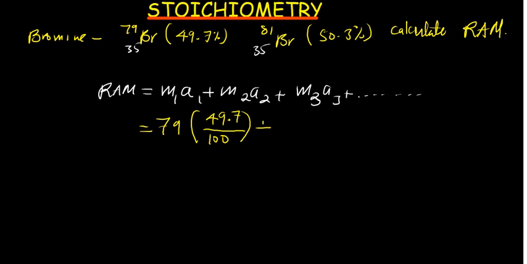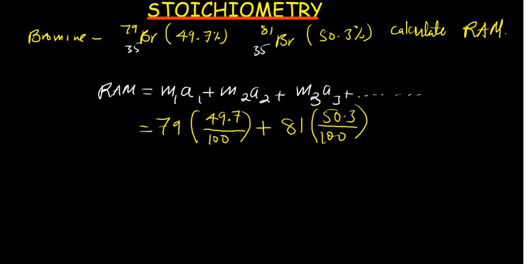And then I'll add the other mass, 81, and multiply by its abundance, that is 50.3, divided by 100. So make sure the abundance we're multiplying by is a decimal, not a percentage. That's why I'm dividing by 100, because a percentage is always out of 100.